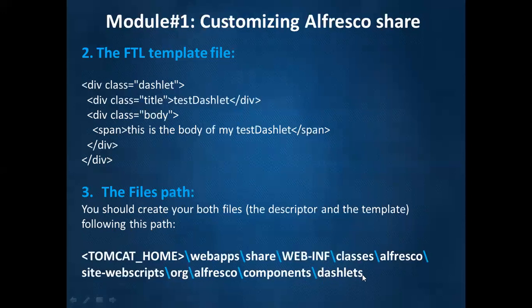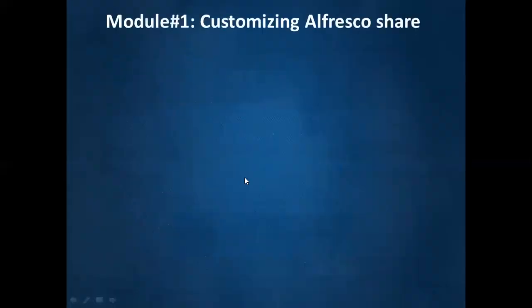Inside this folder Dashlets, you will create these two files, the descriptor file and the FTL template file. We will see this in full detail, and we will practice it in the demo part. So don't worry, and let's move on to another thing now.